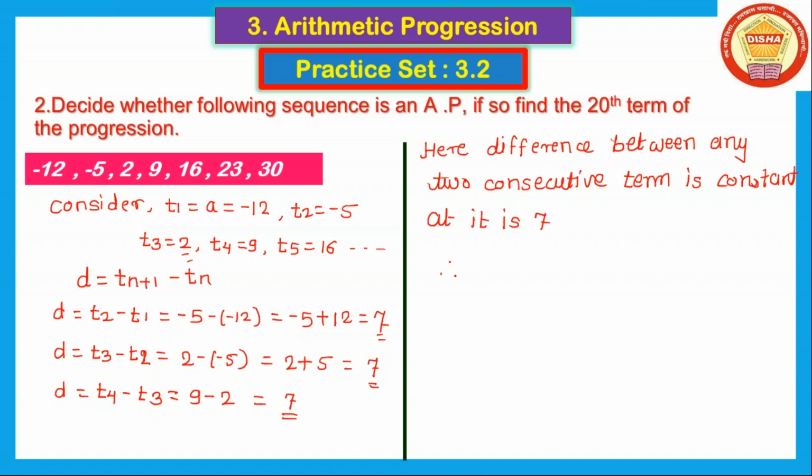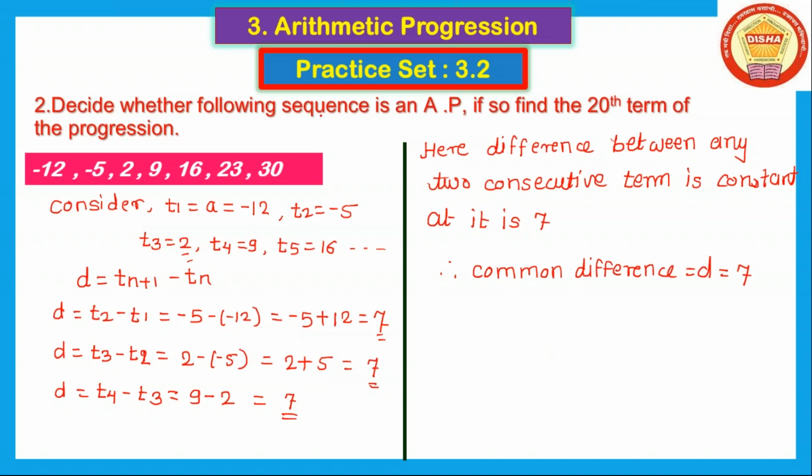So we write here the common difference, which is denoted by D, is equal to 7.